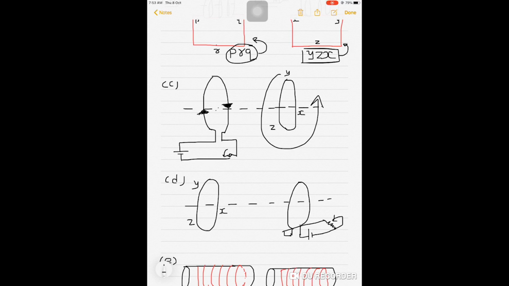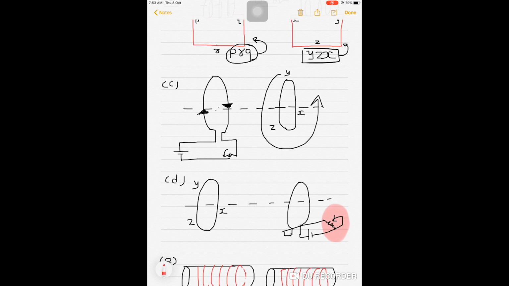Now in figure D it is shown that the rheostat is adjusted. Here, this is the part of the rheostat that we can adjust. When the rheostat is adjusted, the resistance decreases and current increases. This increases the flux through the neighboring coil.